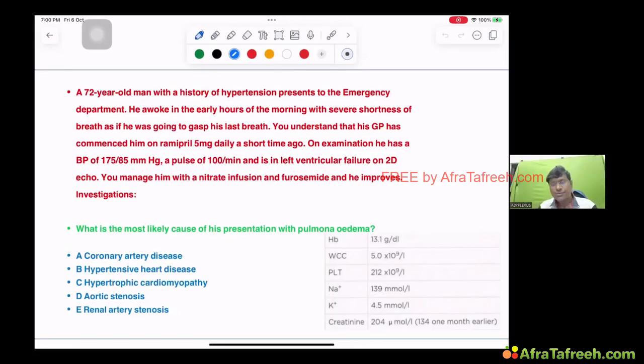Very good. So he has renal artery stenosis. But why did he develop the shortness of breath now? Ramipril. The patient was started on Ramipril. So yes, he might have had bilateral renal artery stenosis.